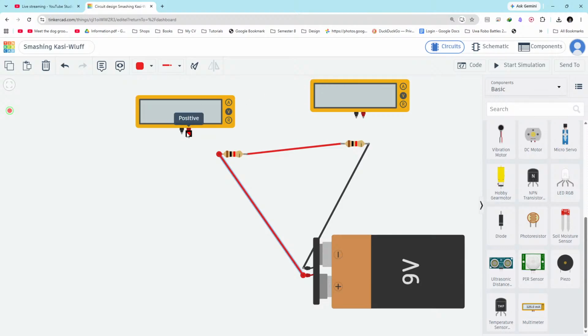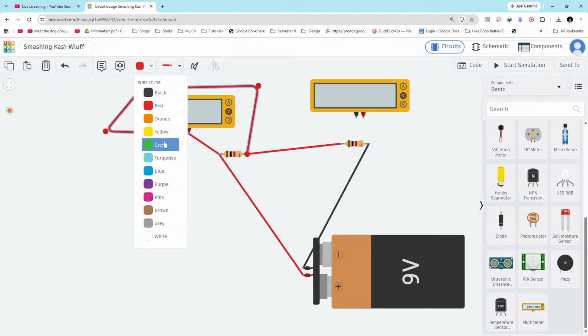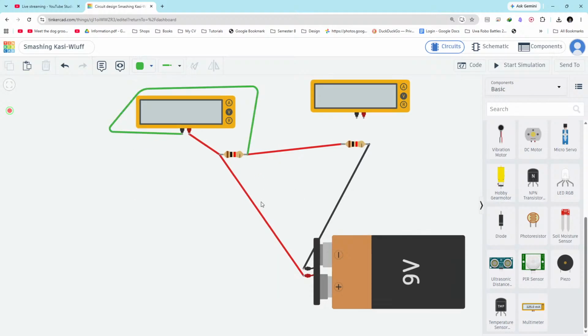So positive should be connected to the higher polarity side. So here, as you know, it is more close towards the positive terminal of the battery, so this side will be positive and this will be negative. So let's wire this one somewhere here, and you can change the color to green maybe, just to make it clear, right? Okay.